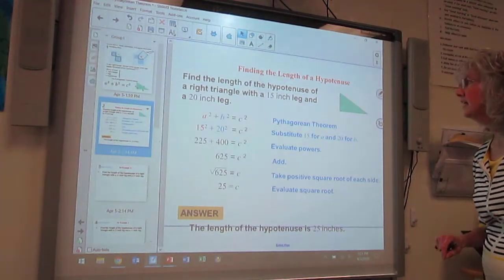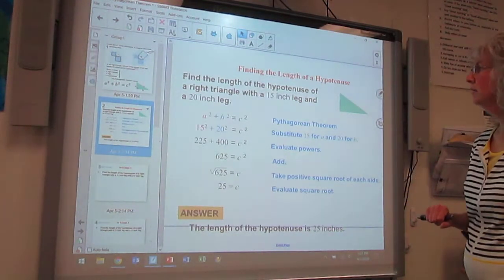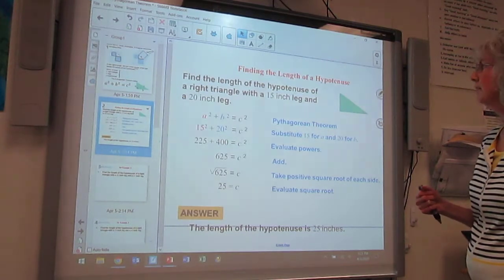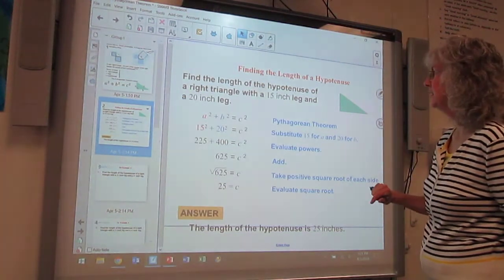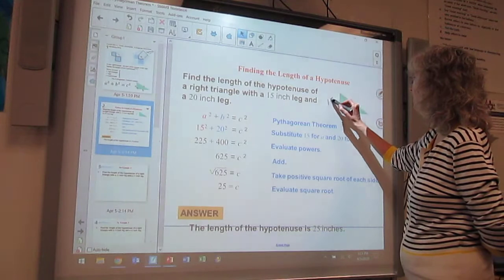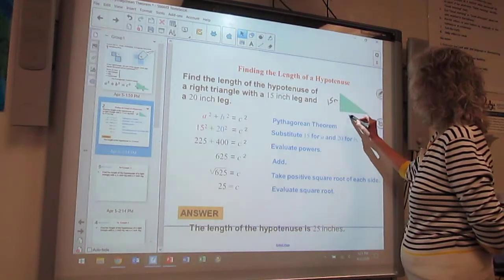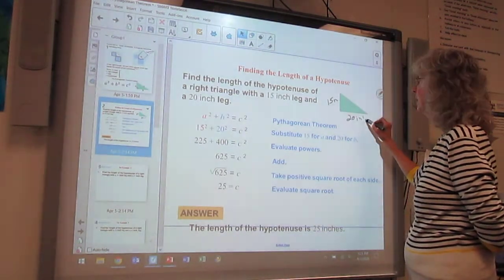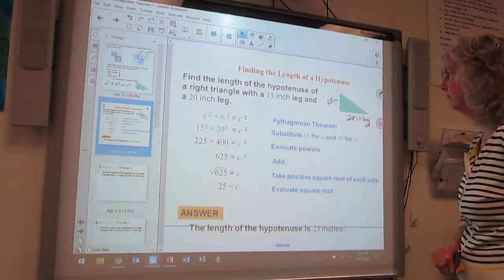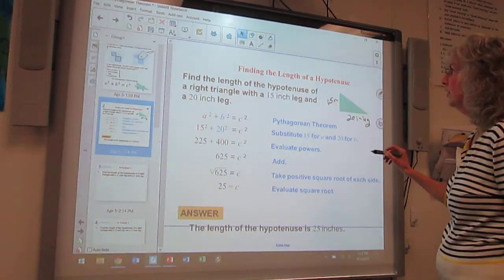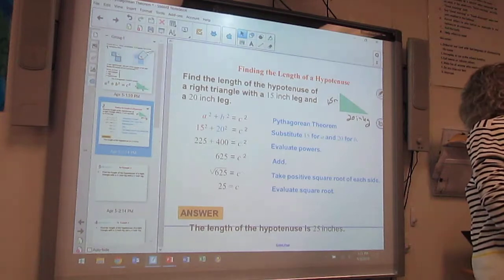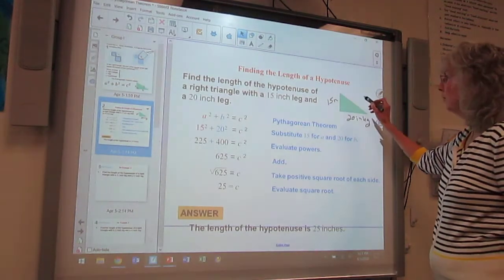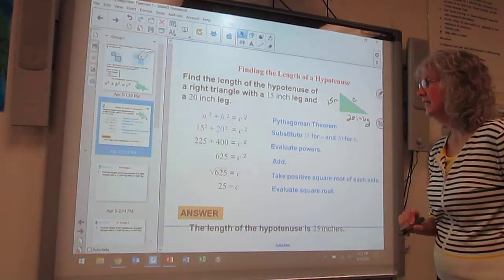If we want to find the length of a hypotenuse on a triangle, we can use the Pythagorean theorem. We have a triangle. Please make sure you draw your triangle with a 15-inch leg and a 20-inch leg. And we're looking for the hypotenuse, which we will call lowercase c.